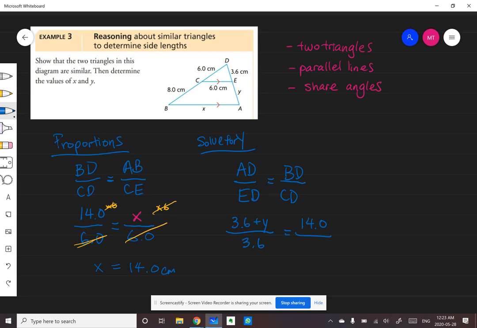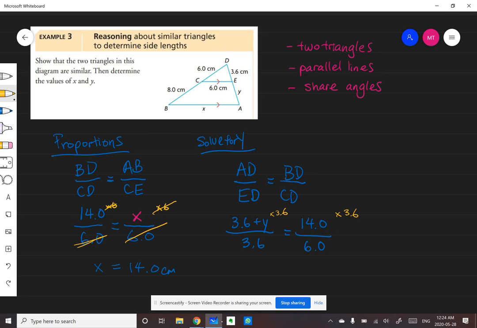And then for CD, that's going to be 6. So how am I going to get rid of this? Why don't we multiply both sides by 3.6?